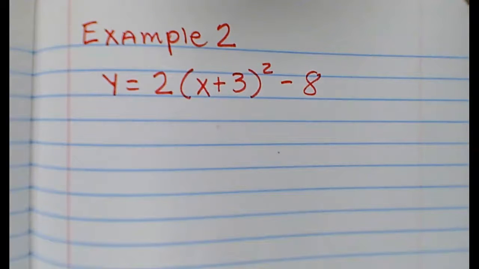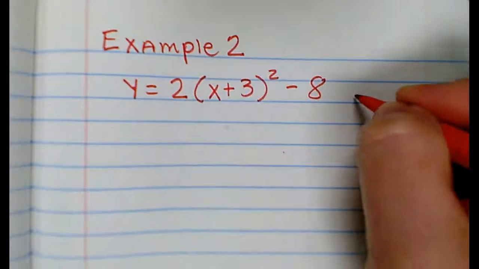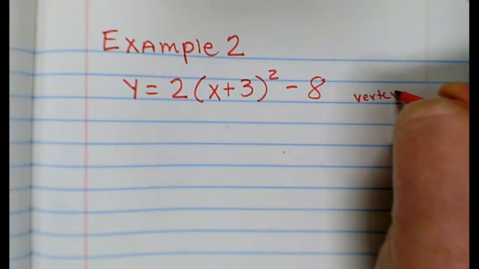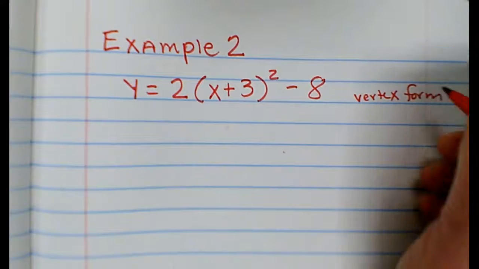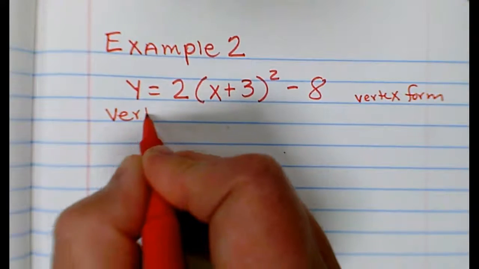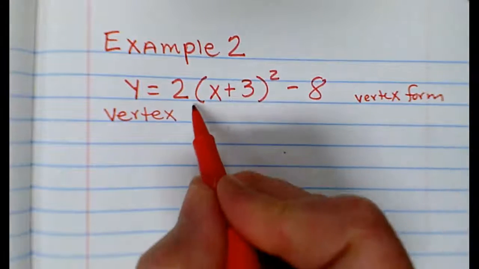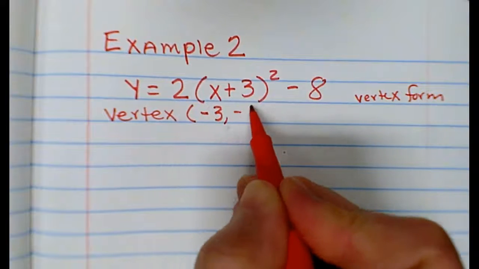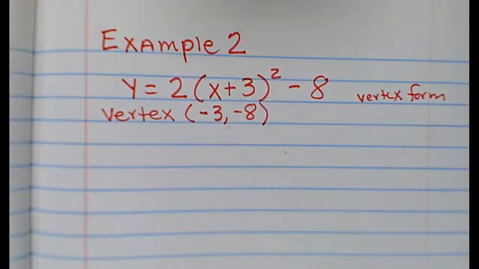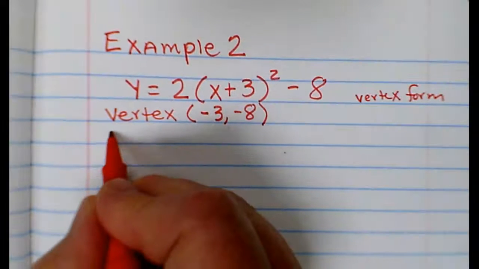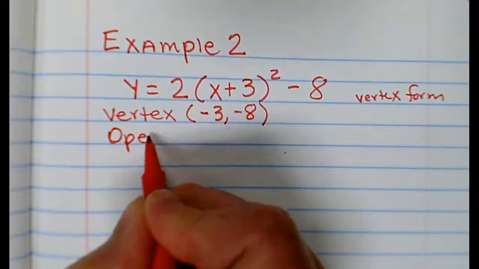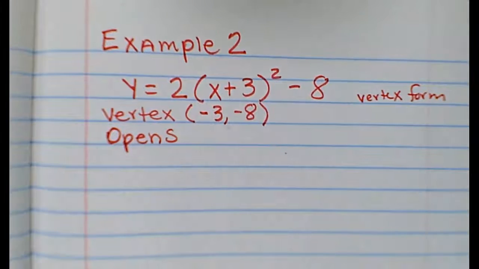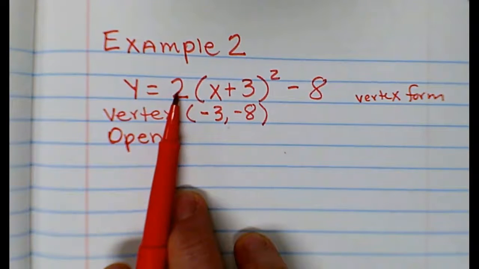What form is this? And since it's vertex form, you should be able to tell me what the vertex is. From any form, you should be able to tell me whether it opens up or down. The A is what you look at, and the A is the same in every form.